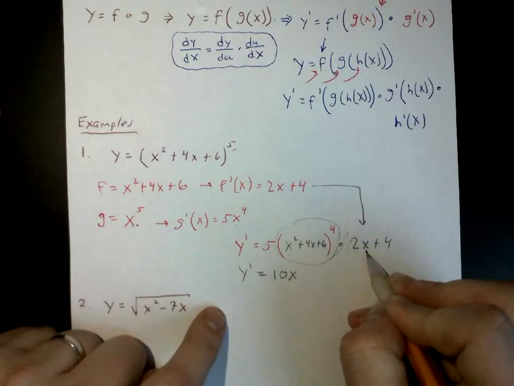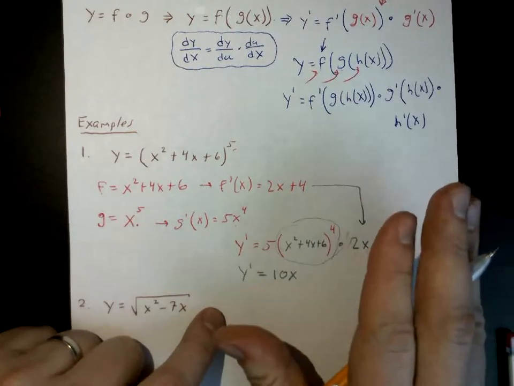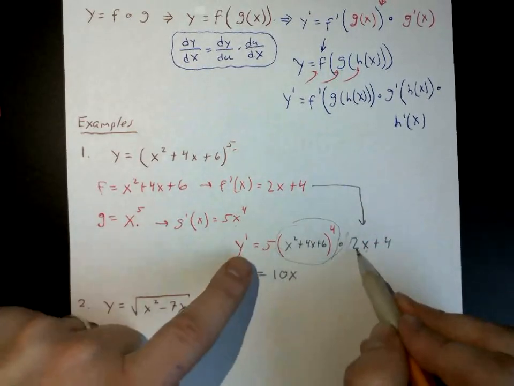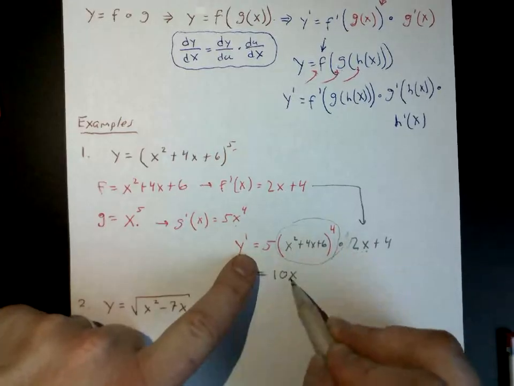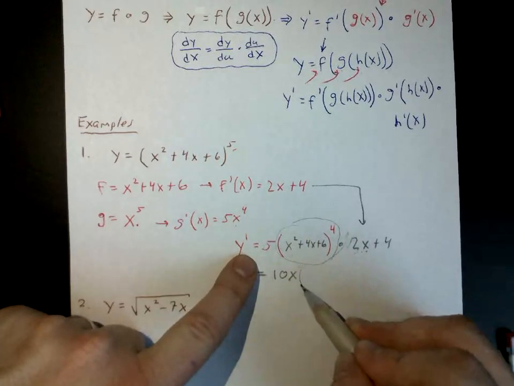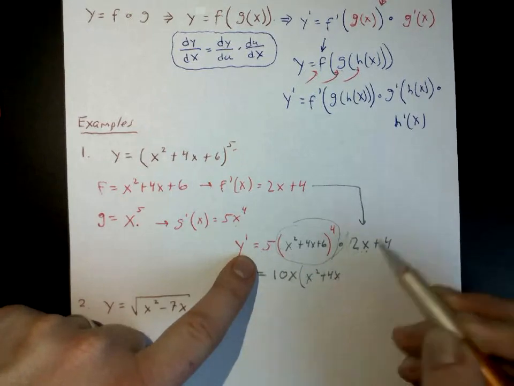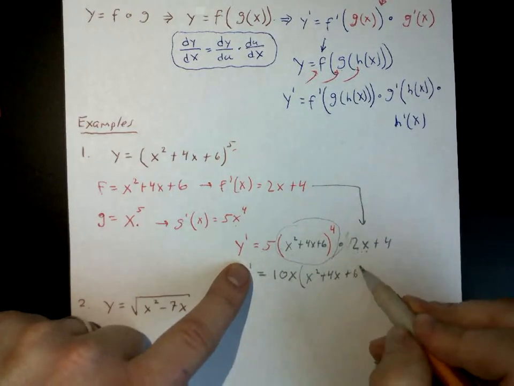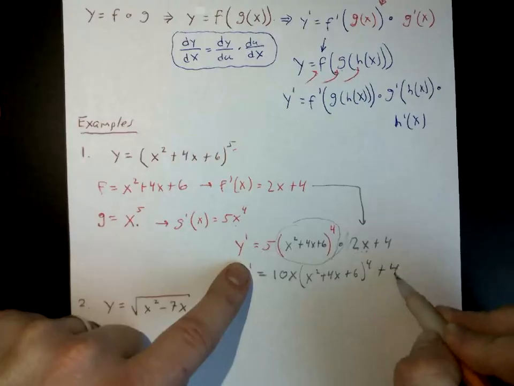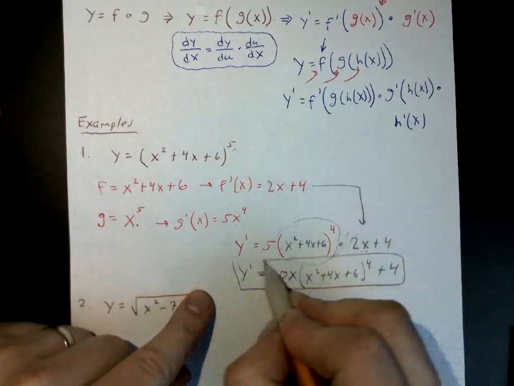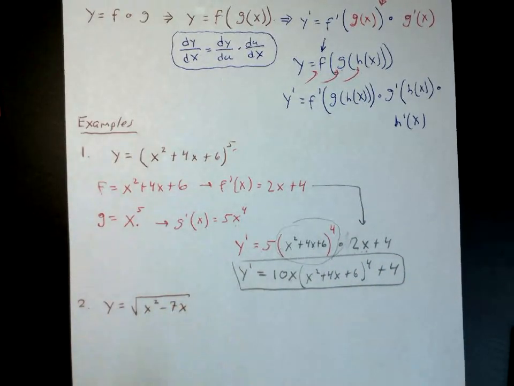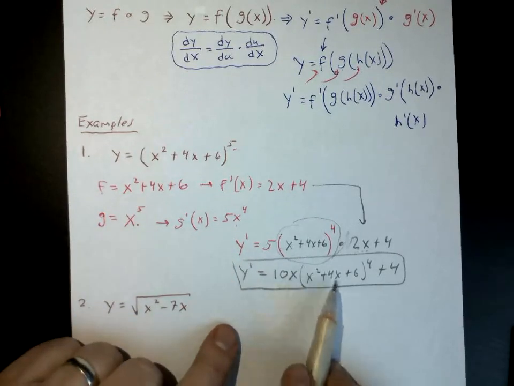The x is going to follow. The 4 doesn't do anything. But now I did 2 times 5, which is that, times x. But now I'm going to put this extra piece here because I'm not going to touch this piece. Oops, I think that's right. Plus 6 to the fourth plus 4 now. That is the derivative.